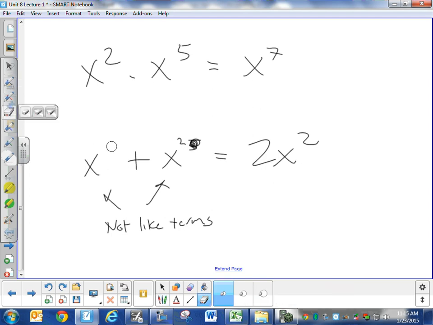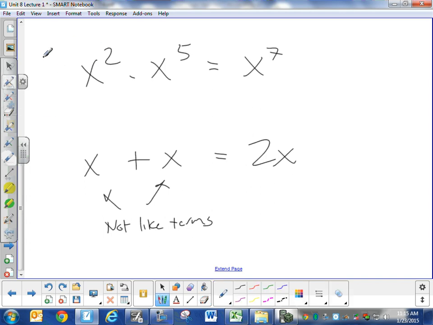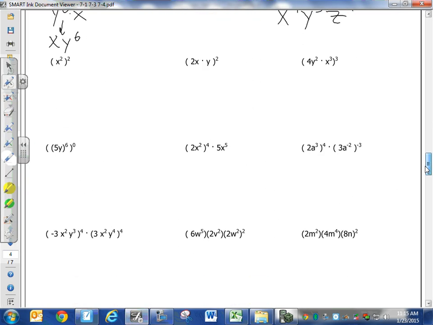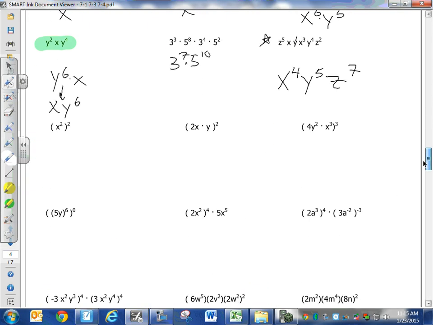X plus x is not 2x squared. X plus x is just 2x's. All right? So notice multiplication, addition, very, very different. Okay, let's go back. So the top was multiplying. Now we have powers to powers. Change this one from x squared to x squared cubed.